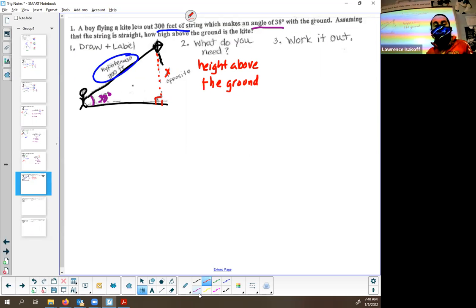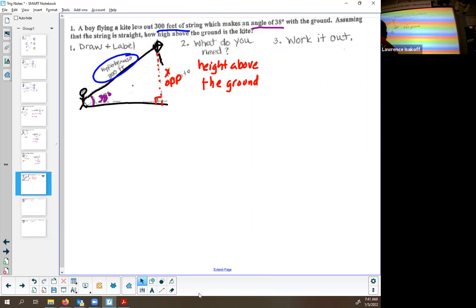Okay, so now we're going to take the information we had yesterday and work it from there. When I look at this side across from the 38, that's my opposite. This side that's 300, that is my hypotenuse. And that means the ground is the adjacent side.